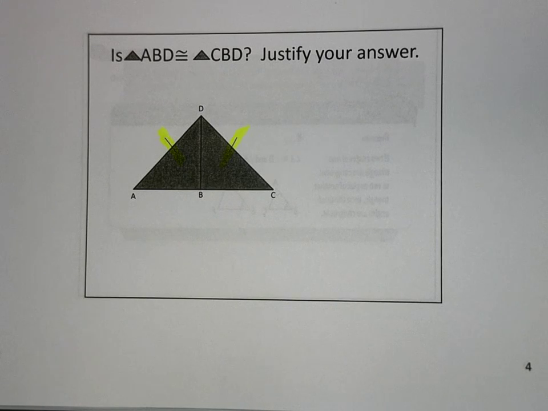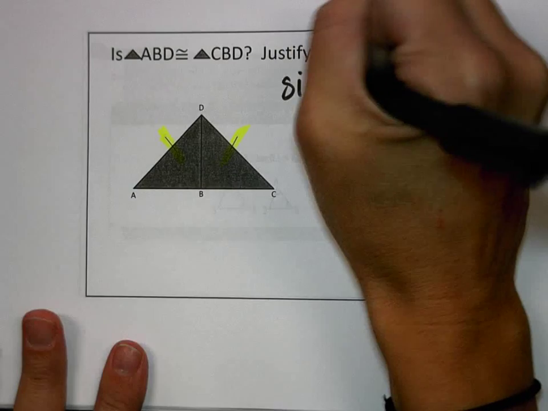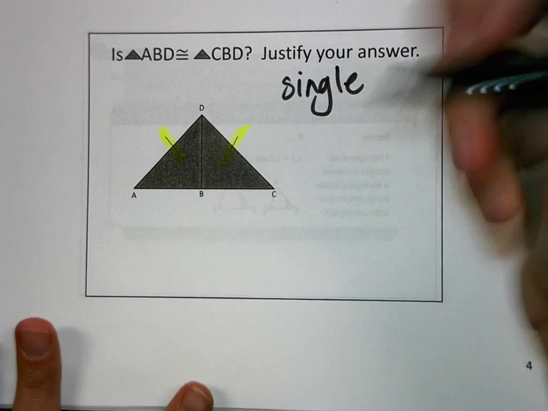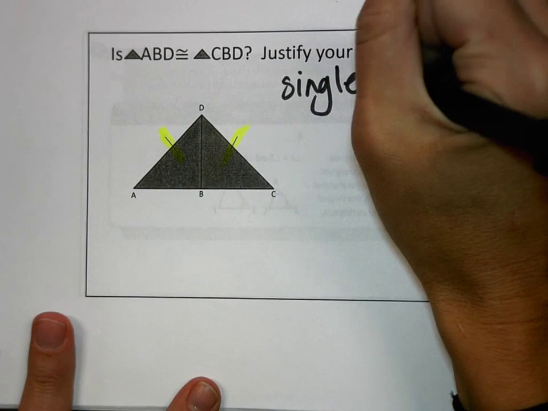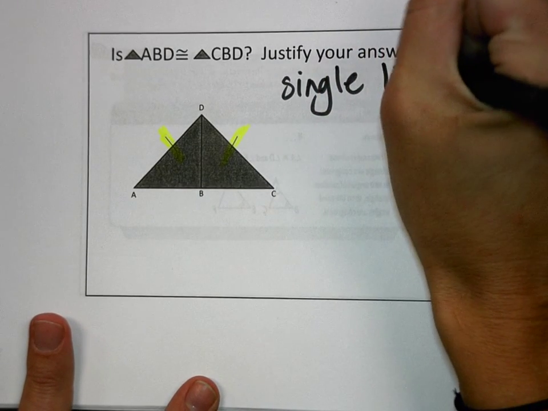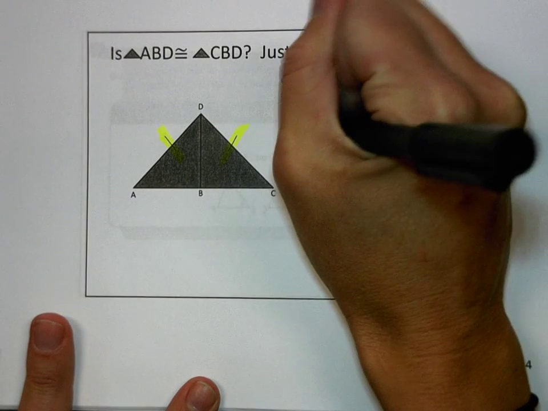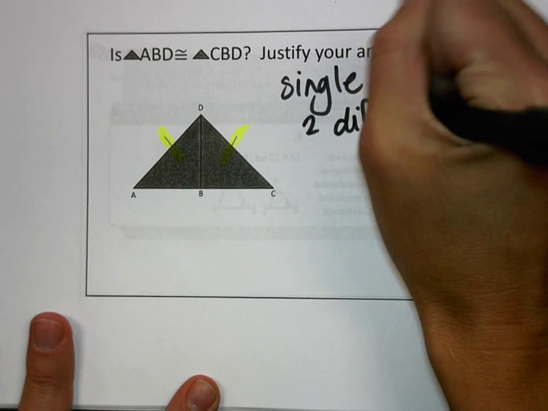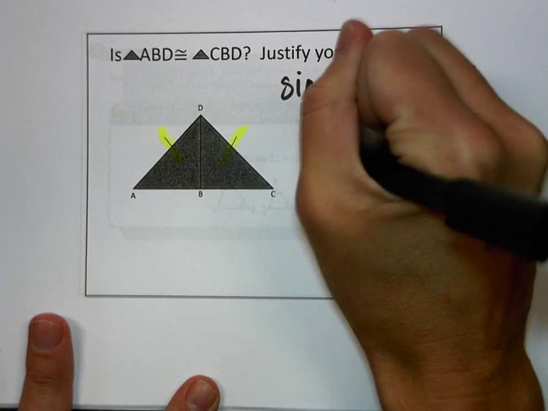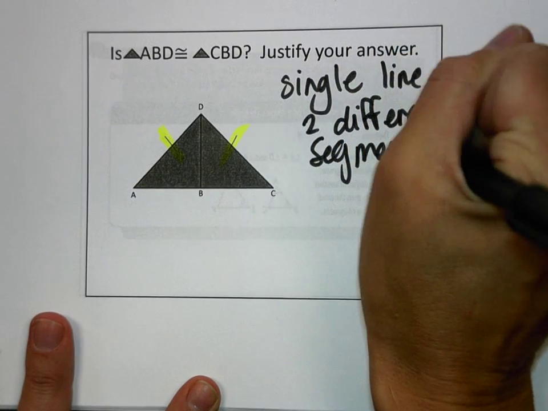Okay, in case you don't know this, I just want you to write it. I'm trying to explain this in English. A single line on two different segments means they are congruent.